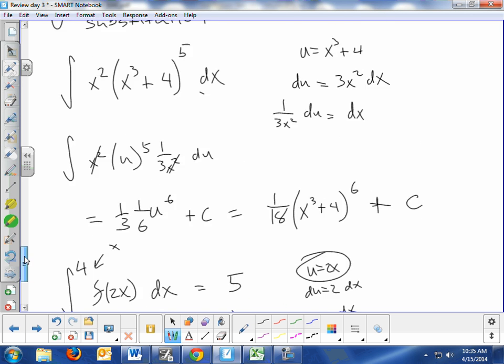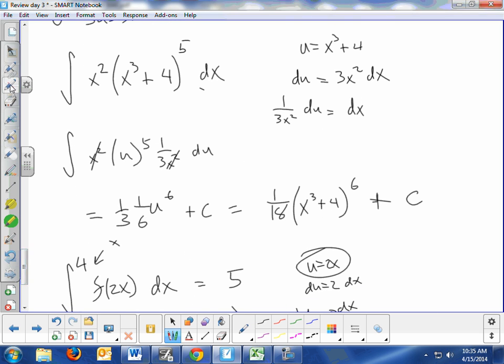And if I talked about going back to this previous one, if I had numbers here like from 1 to 2, once I change this to u's, this needs to change into u's. So this would be from 5 to 12. And then if I wanted to evaluate this, I could either evaluate it with 5 and 12 using u's, but that's essentially the same as evaluating it from 1 to 2 if I plug x's back in.